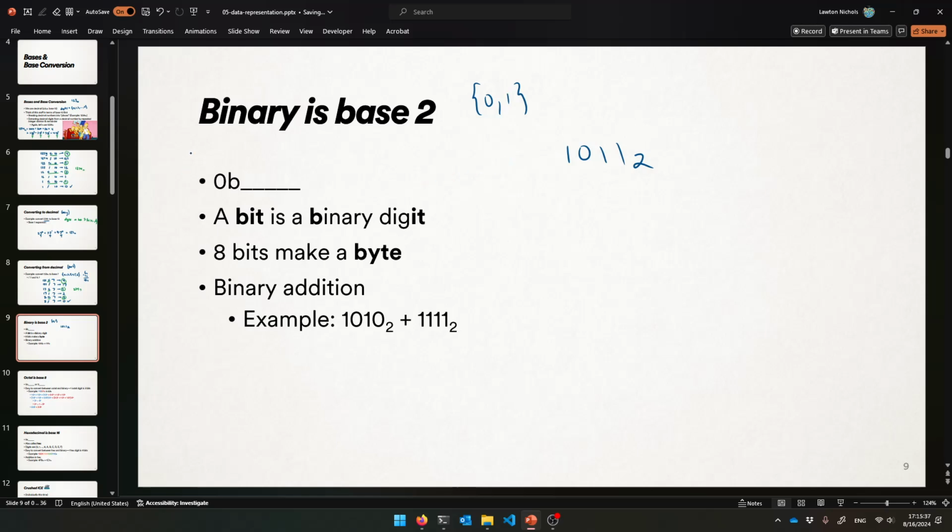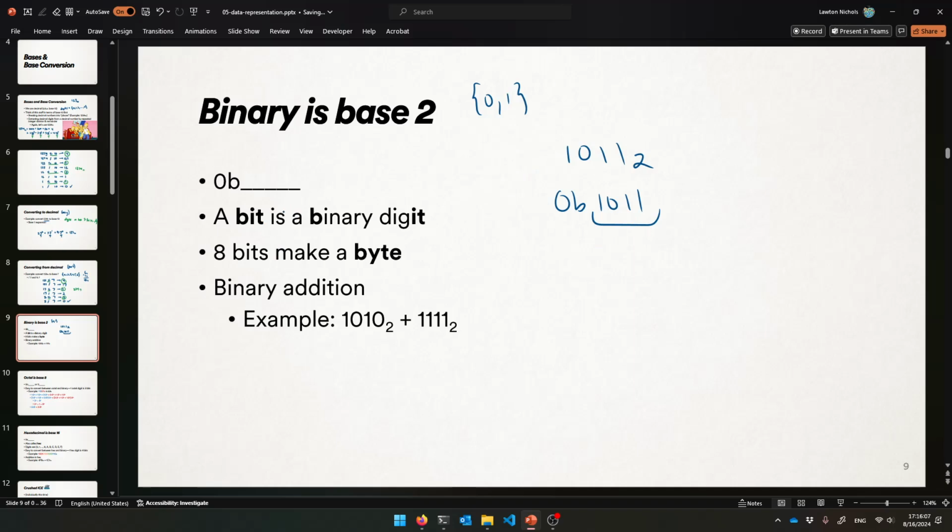In computers, because we are computer scientists and we like to program, there's a way to enter a binary number straight into C++, for example. You can't really do a subscript inside of a text editor, so instead they've done this. If you start a number with 0b, that means, in C++ at least, whatever you put after that is to be interpreted as a binary number. So that's how that works.